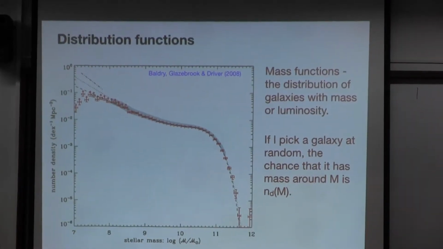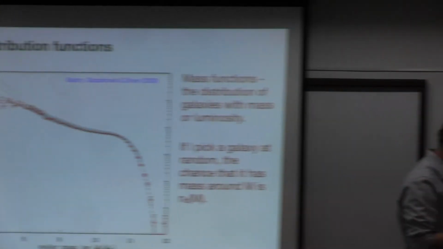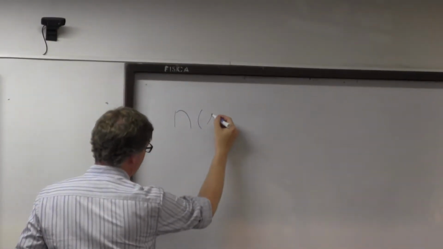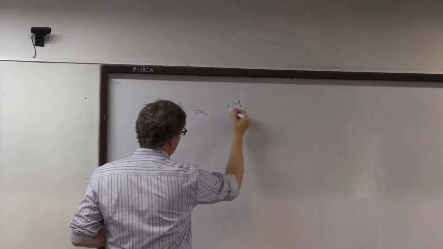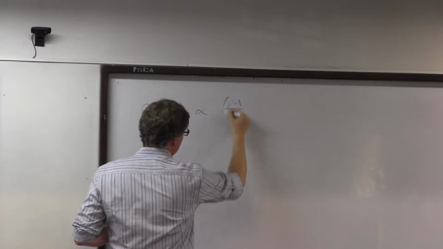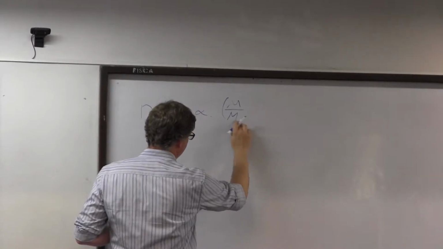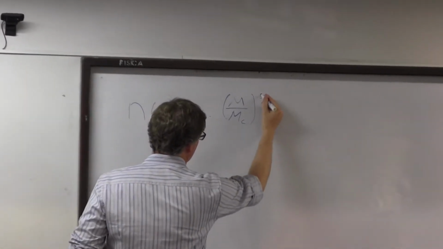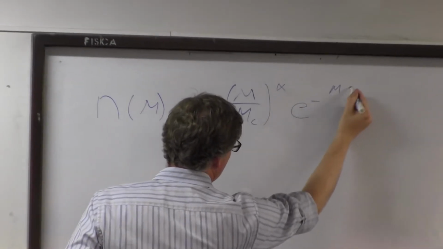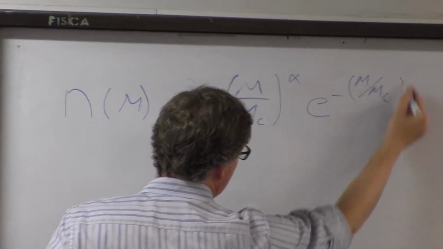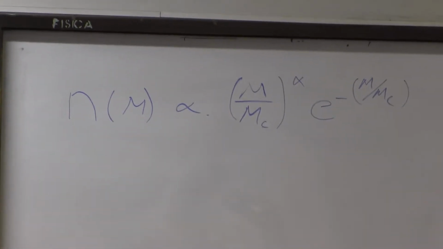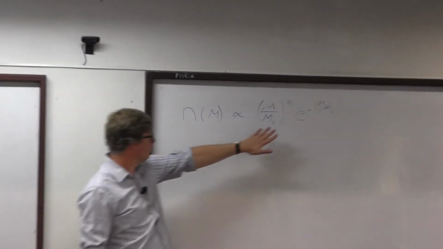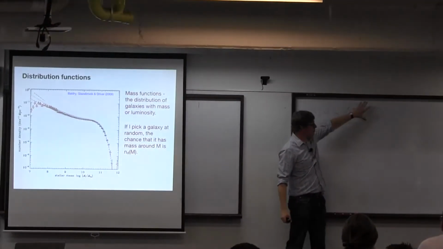We will come back to this function later, you don't need to write this down, but the number of galaxies at a given mass is proportional to a function that is very well described by this functional form: a power law and an exponential cutoff.